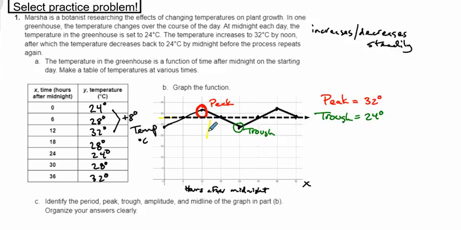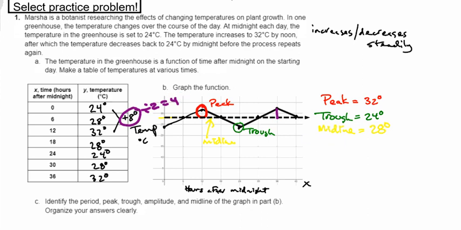So the midline is at 28 degrees, meaning our amplitude, and I know I did the midline first, is going to be this distance here from the peak to the midline. You could think of the total distance as 8, and then half of that, so divide by 2, which equals 4.